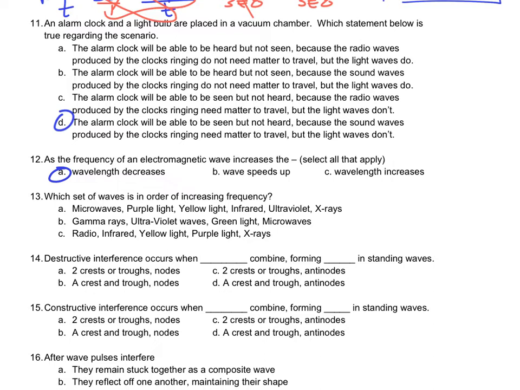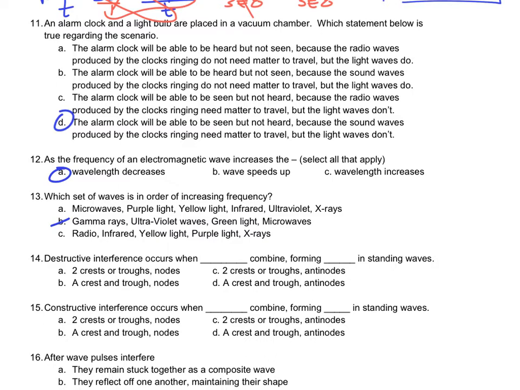Okay, well, for this you've got to think about your electromagnetic spectrum, like the one that's on page 6. From left to right, you've got radio on the far left, and gamma rays on the far right with the highest frequency. So gamma is going to be the highest frequency. It's certainly not going to start off.